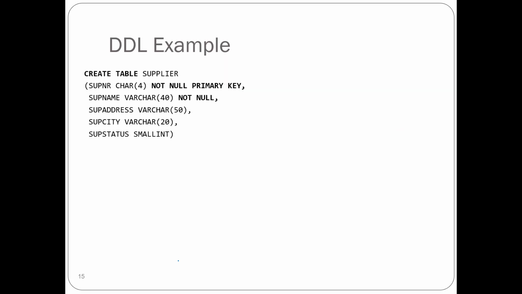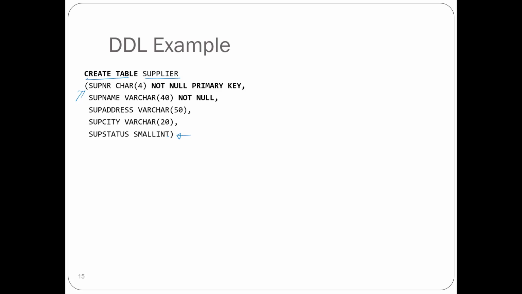And here goes the first interesting DDL statement, which we have written for the table supplier. So how do we create the table supplier? Well, we say create table supplier, and then look at these outer parentheses.